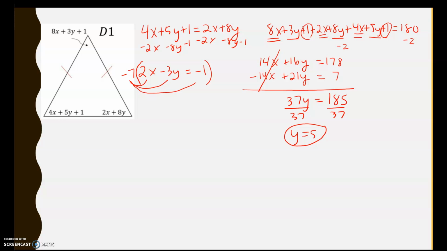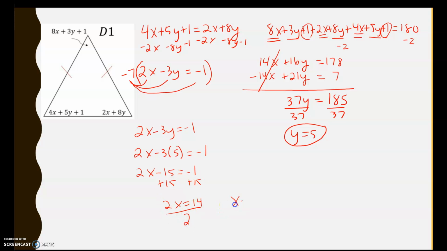So I'm going to plug this back into the equation where I had 2x minus 3y is equal to negative 1, but now I know that y is equal to 5. So I'm going to do 2x minus 3 times 5 is equal to negative 1. 2x minus 15 equals negative 1. Adding 15 to both sides, I get 2x is equal to 14, which means x is equal to 7.